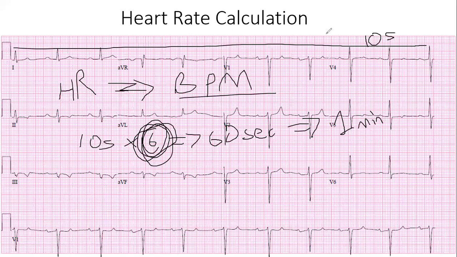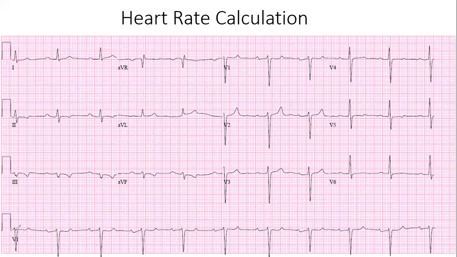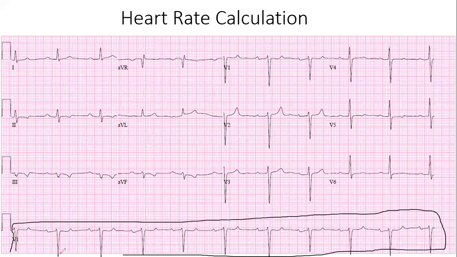Now, how do we do that? Basically, what this is telling us is that over 10 seconds, we were able to capture 1, 2, 3, 4, 5, 6, 7, 8, 9, 10, 11 cardiac cycles. We were able to capture 11 cardiac cycles over that 10 seconds.